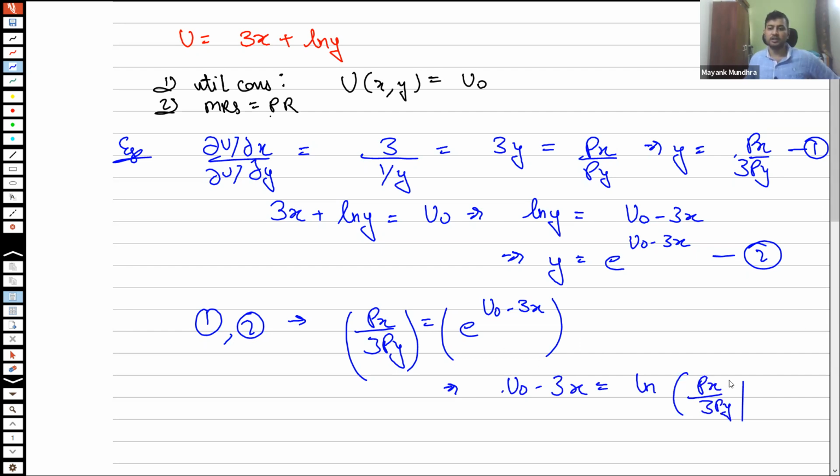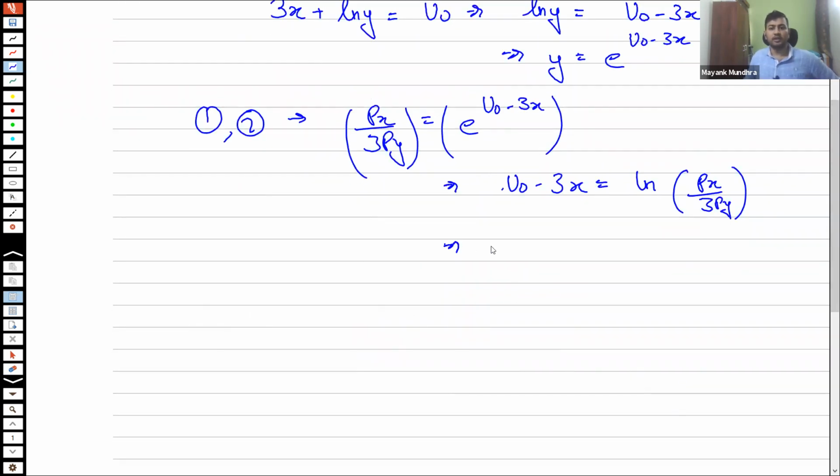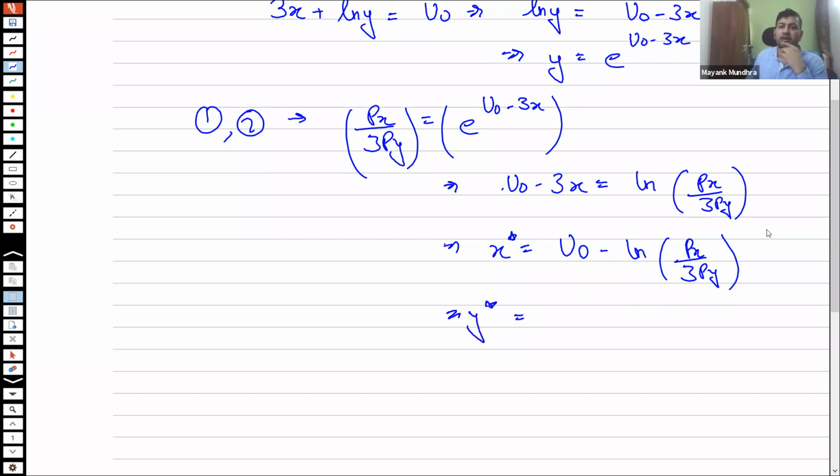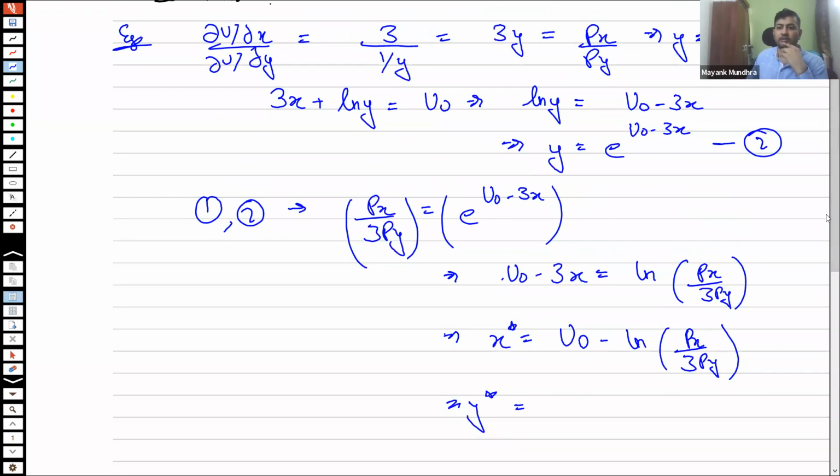Okay, rearranging this, finally your x star equals u naught minus log of px upon 3py, divided by 3, which implies that y star will simply be equal to px by 3py.